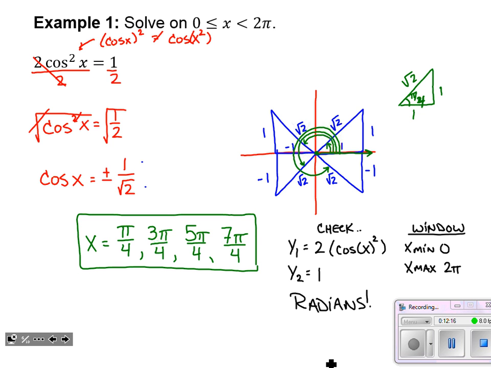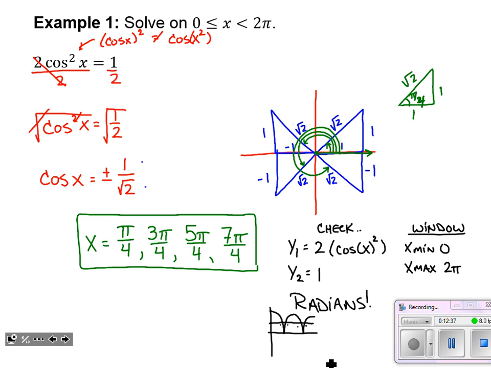But if we type that in and we actually take a look at it, what we should see is a situation where we have a cosine function being squared. So it kind of looks like this. And then our value of 1 going across like this, it does intersect 4 times.